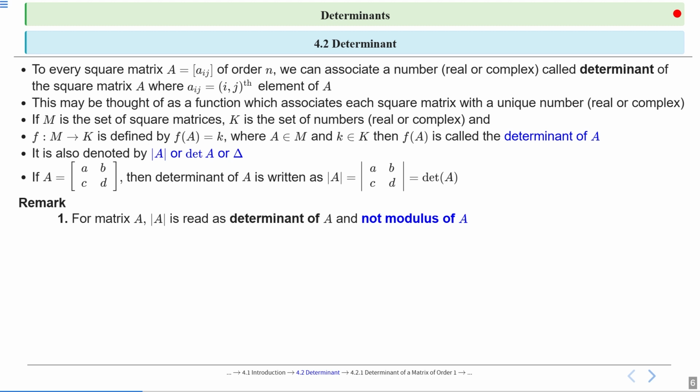So if A is a matrix, then it is read as determinant of A rather than modulus of A.